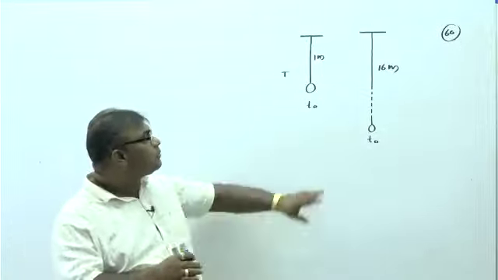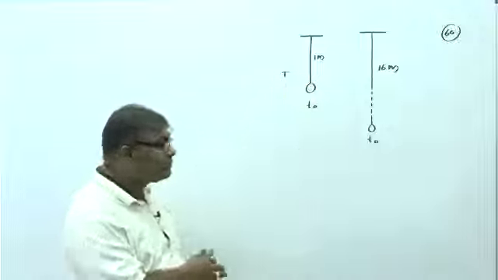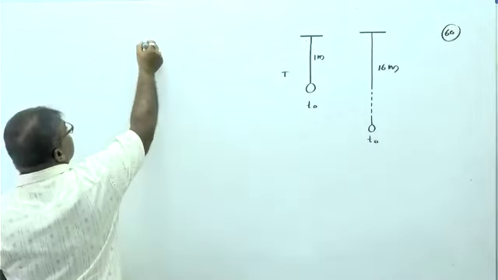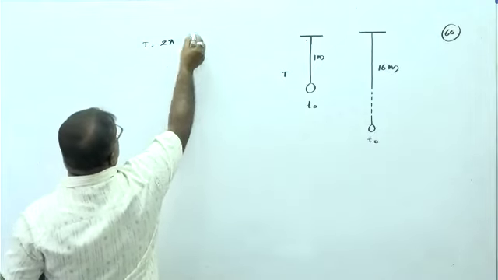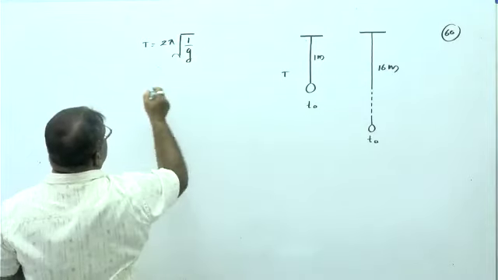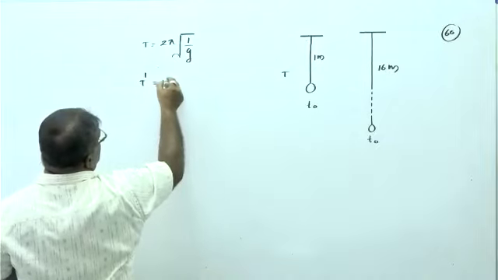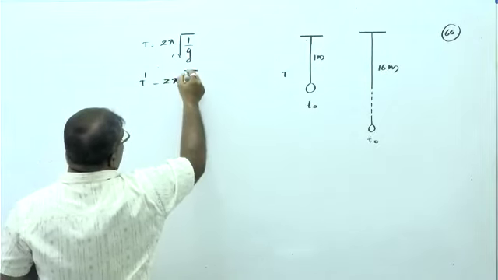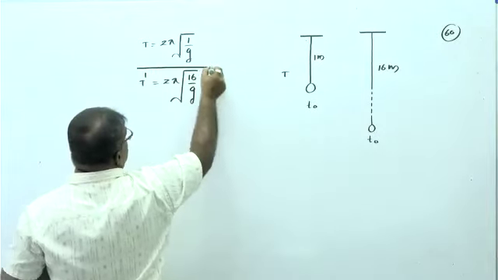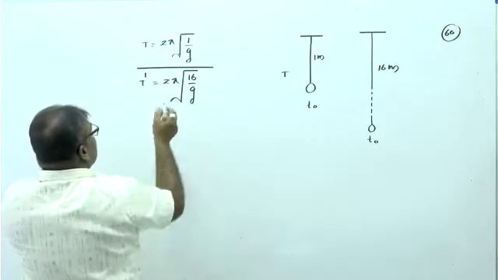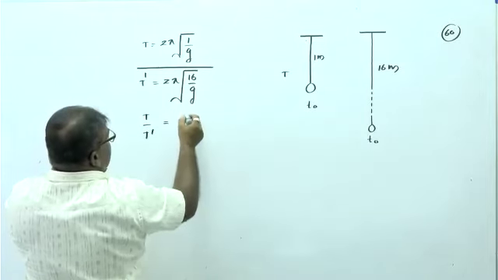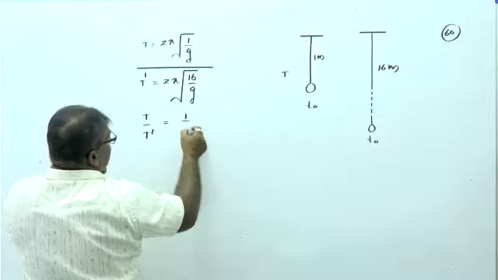If the periodic time of this one is T, and the periodic time of that one is T dash, first of all we should write T equals 2 pi root of 1 meter over g, and T dash equals 2 pi root of 16 meter over g, right? Divide each, g cancels. T over T dash equals root of 1 by 16, no? Root is 4.